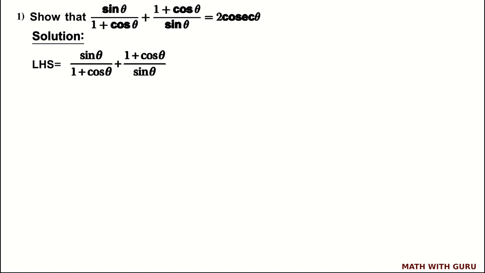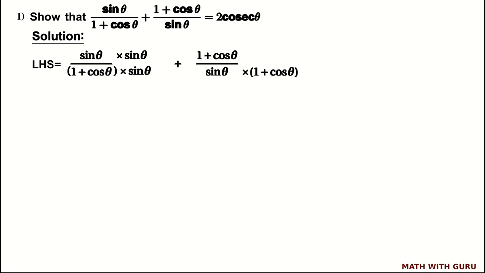Common denominator here is 1 plus cos theta into sin theta. Therefore, we multiply the numerator and the denominator of the first term by sin theta and the numerator and the denominator of the second term by 1 plus cos theta.